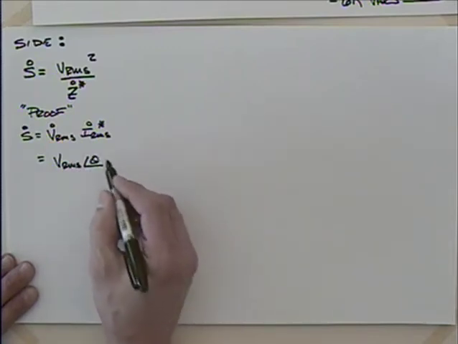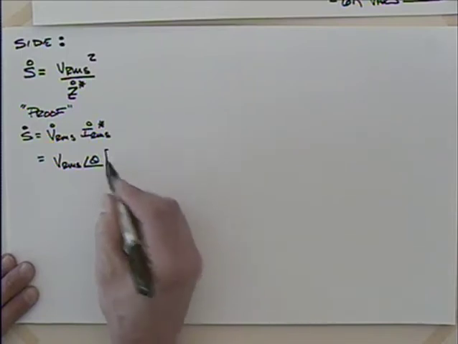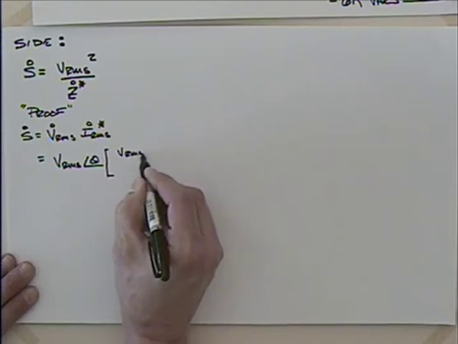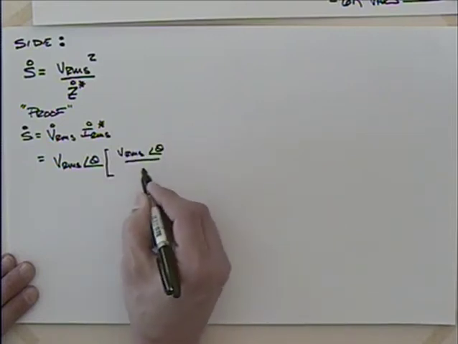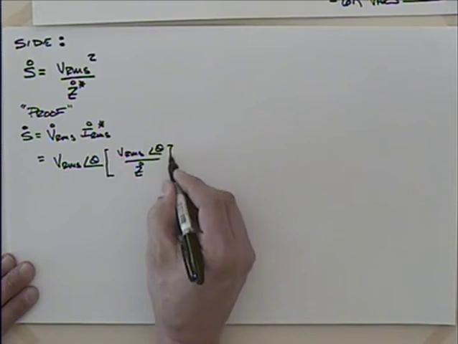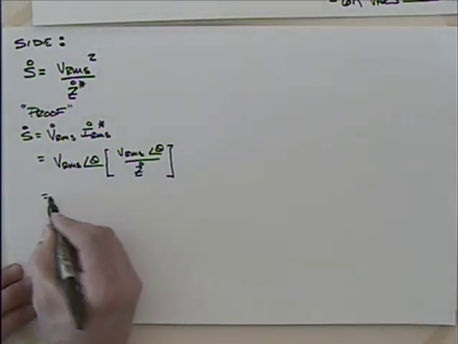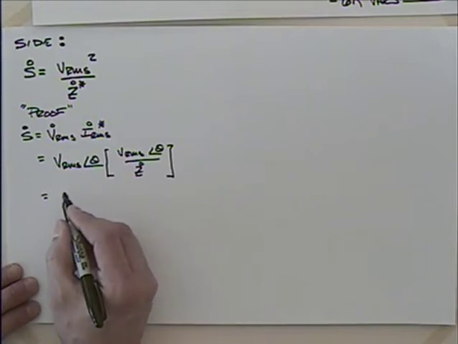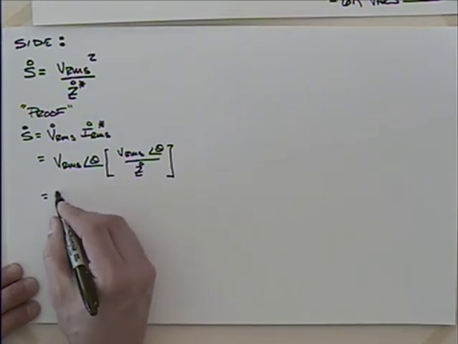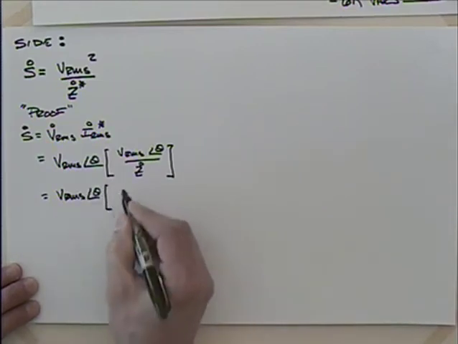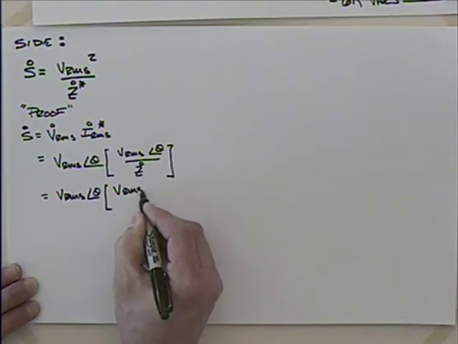That's the angle we usually give to voltage. And I will multiply that by the current. I'm going to say that is V RMS at some angle theta divided by the impedance Z. Because if I take voltage and divide by impedance, by Ohm's law, that gives me the current, right? Okay. So no sleight of hand here yet. So let me work on this a little bit. I could say that this was V RMS at theta, and then over here, again, V RMS at theta.